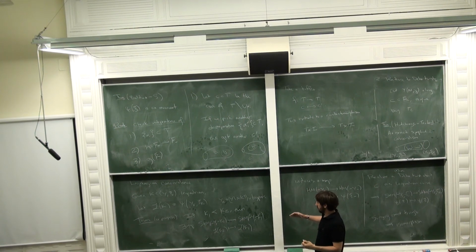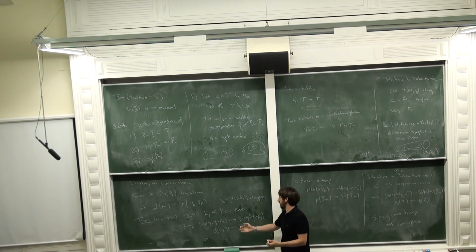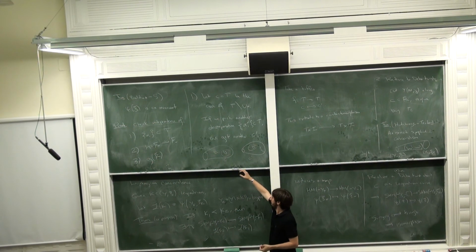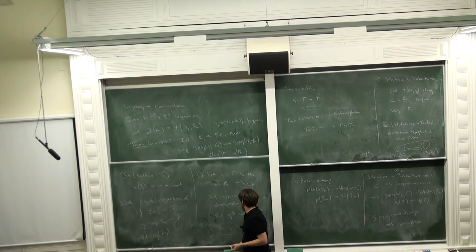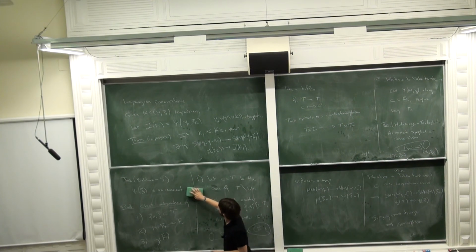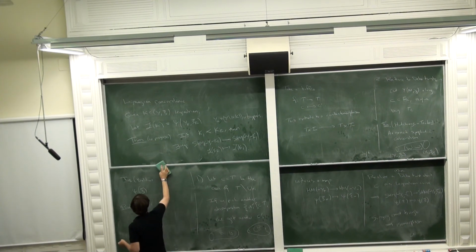So Lagrangian cobordisms give you a map in the opposite direction that preserves this invariant. And right.